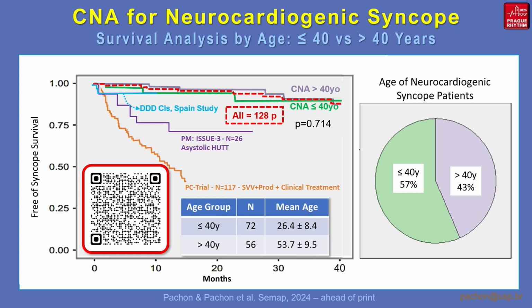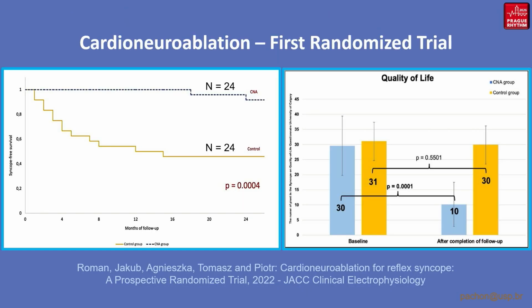So it is not necessary to select patients by whether they are younger or older than 40. And here you see the results of the Roman trial, which showed good results with cardioneuroablation compared to clinical treatment in patients with cardioinhibitory syncope.